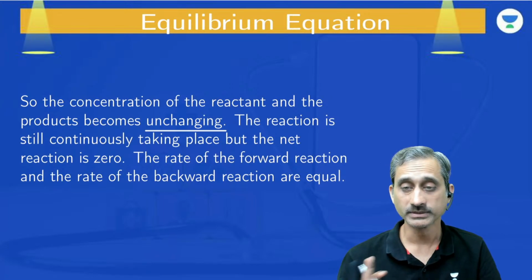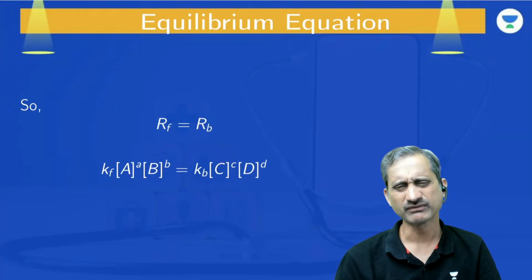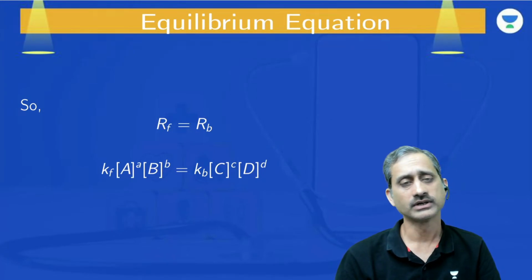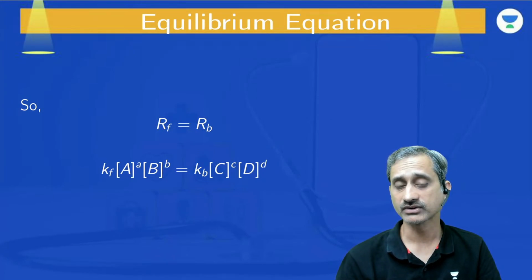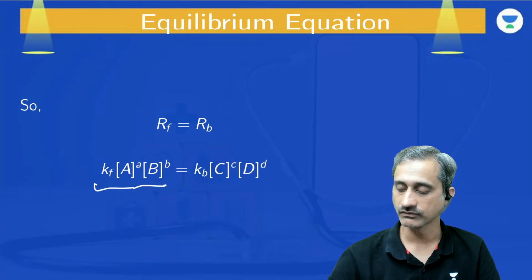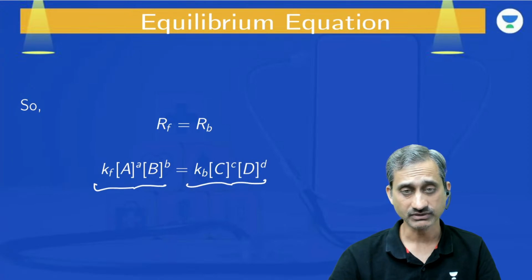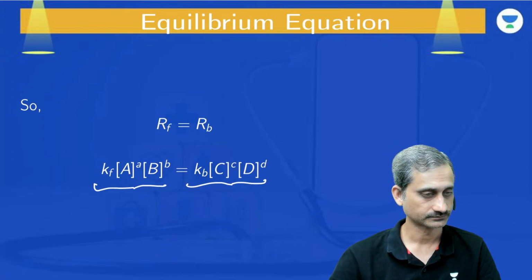Okay, I hope nobody is getting confused with it. I prefer to use the word unchanging. Rate of the forward reaction is equal to the rate of the backward reaction. So this is the expression for the forward reaction, this is the expression for the backward reaction, and they are equal to each other.